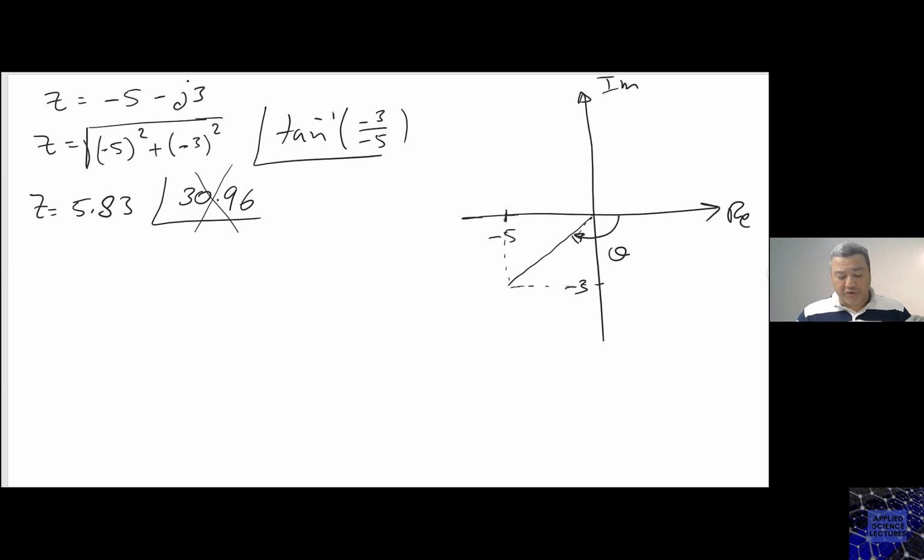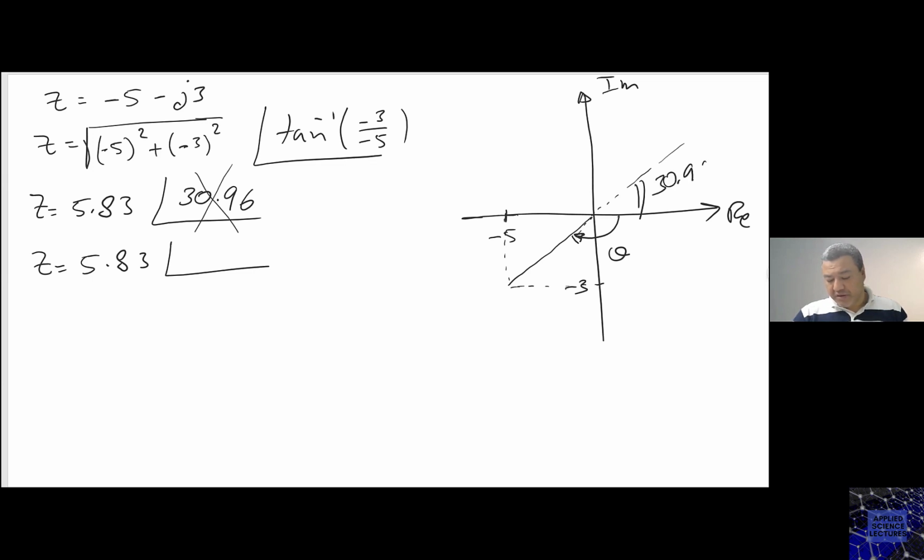So what's the solution? What do I do here? Minus 180 degrees, because it will be read from this direction, being closer to the real axis is looking at it from the negative side. So this is what we got, 30.96.